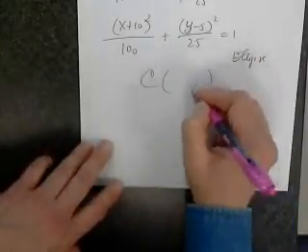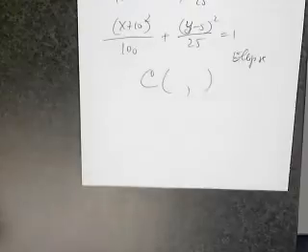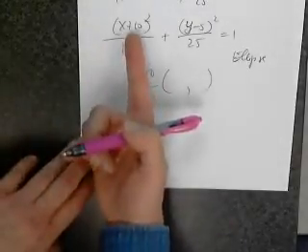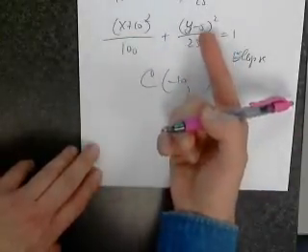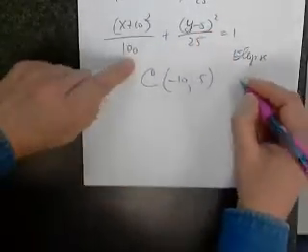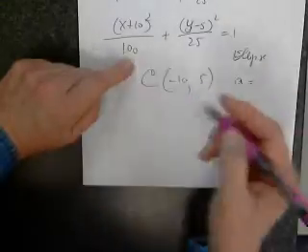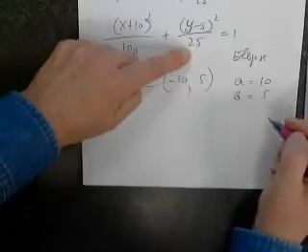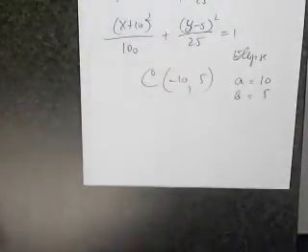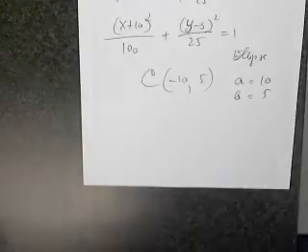So now what is the center of the ellipse? Because it's not 0, 0. It will be negative 10, positive 5. Now a is the square root of this, which will be 10, and b is the square root of this, which will be 5. So the ellipse will extend 10 and 5.